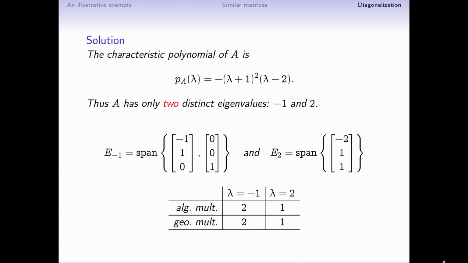So anytime we have the geometric multiplicities coinciding with the algebraic multiplicities, we will find that the matrix in question is in fact diagonalizable. We will always be able to find the sufficient number of linearly independent eigenvectors to demonstrate that the matrix is in fact diagonalizable.